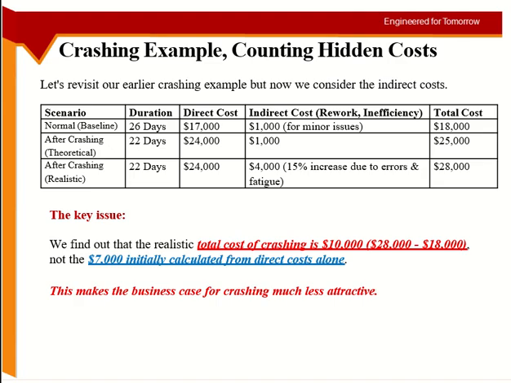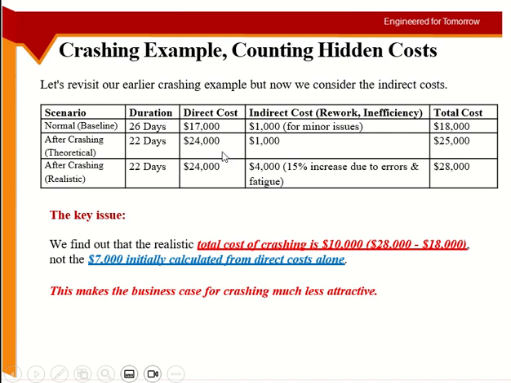After crashing from 22 to 24 days, the direct cost became 24,000. How? We already saw it in the previous example. You need to go and check. Okay, indirect cost is still 1,000. Okay, so this indirect cost is for rework and inefficiency or whatever, like small material wastage or something. Okay, so 24 plus 1 is still 25,000.